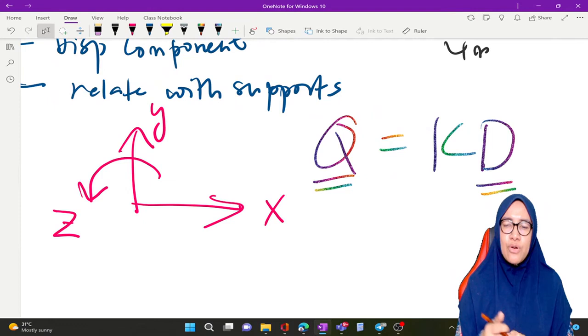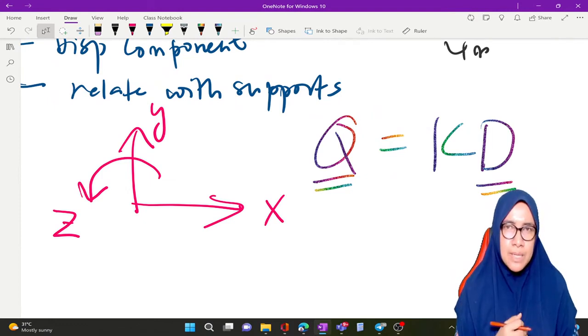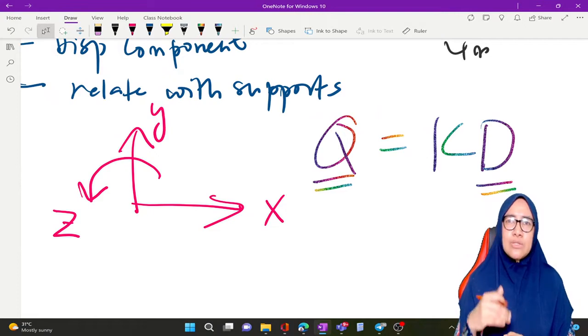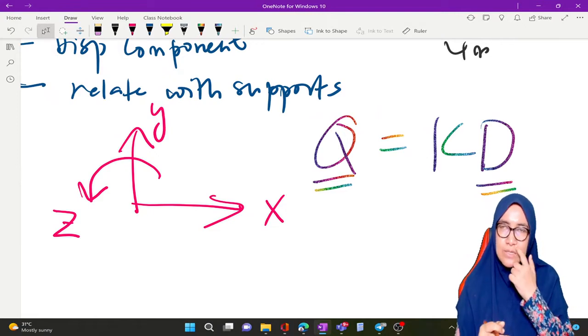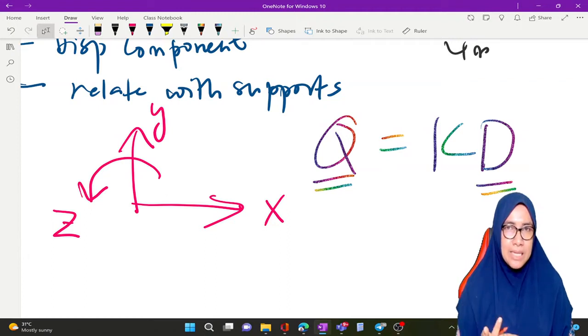So this component is not only for displacement, it is also for forces. It relates with both Q and D.